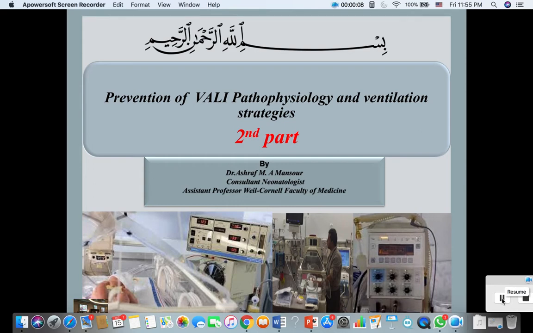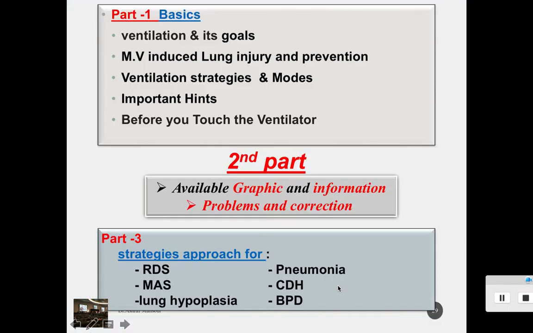This is the second part of neonatal ventilation strategy. In the first part, we spoke about ventilation as a basic and its goal, how lung injury occurs, how to prevent it, what are the available modes and strategies, some important definitions and hints, and what you do before touching the ventilator.